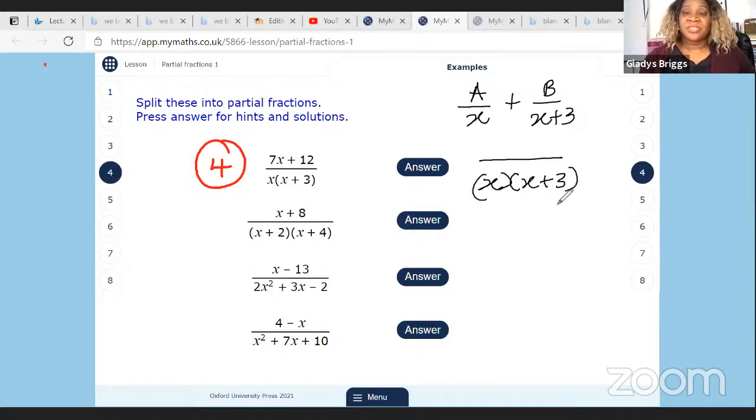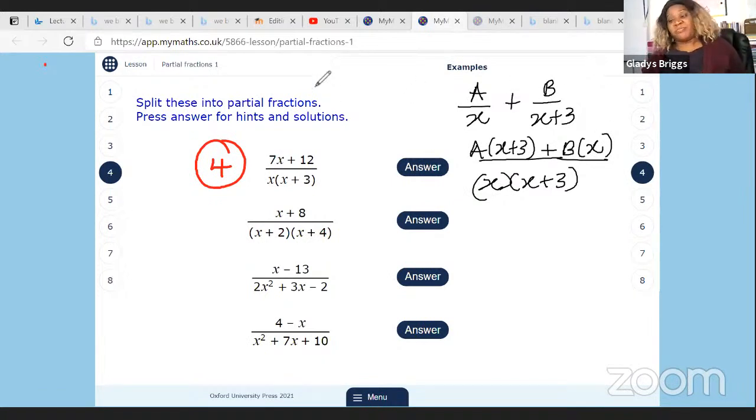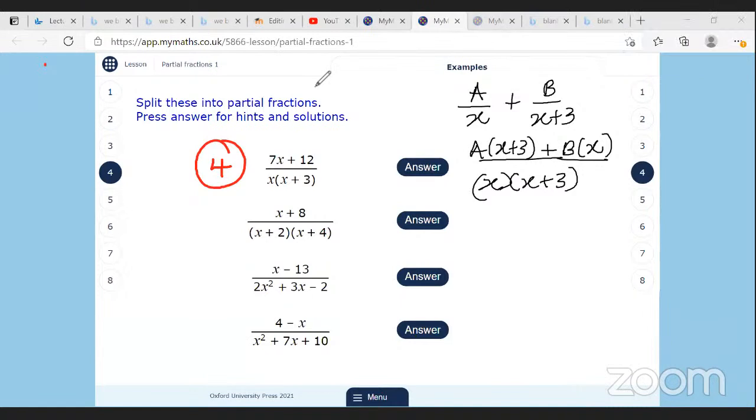This divided by this, you'd have X plus 3: A times X plus 3, plus this divided by this, you would have X: B times X. Yeah? So then you equate the left-hand side and the right-hand side, and you continue from there. Is it easier for you now? Continue. Yes. Yeah, go ahead.